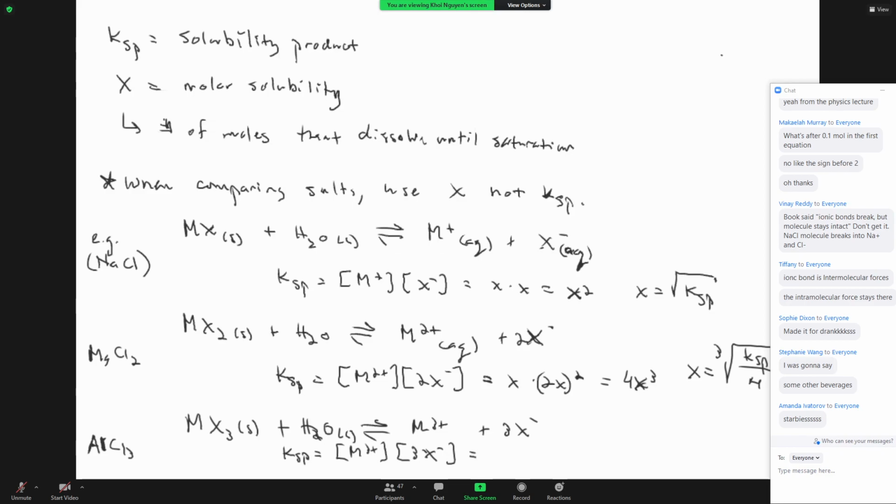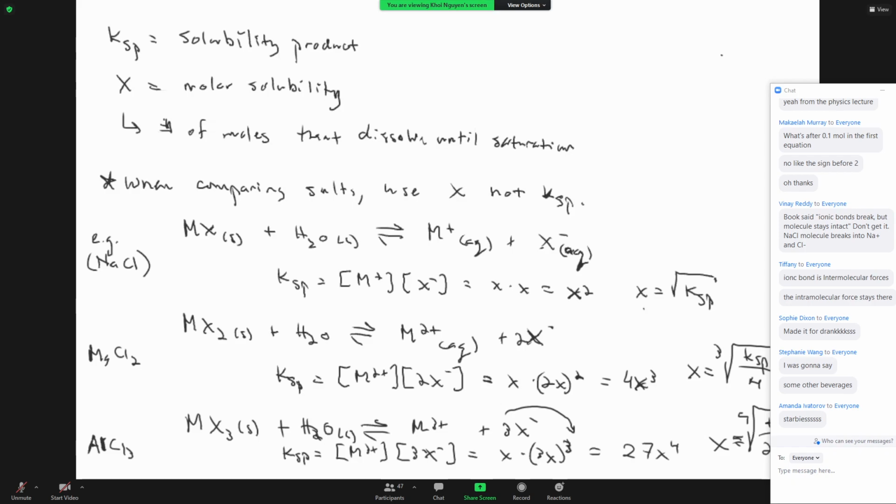So that would have been what? X times 3x quantity cubed. These stoichiometric coefficients become your exponents. So this would have been 27x to the 4th. So the molar solubility for a 4-ion species would have been the 4th root of your KSP divided by 27.